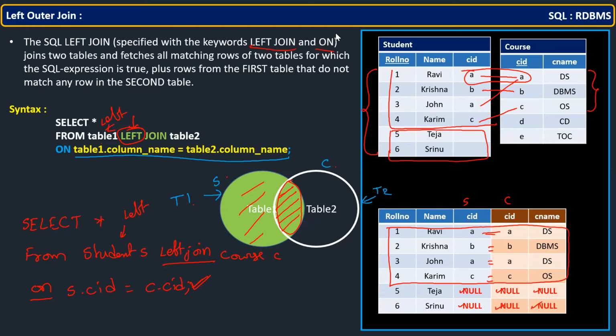It joins two tables and fetches all matched rows from both the tables, whatever SQL expression, that means whatever condition you kept. Plus, not only that, rows from the first table, that means the left table, that do not match are also coming in the output. So that is what left join.